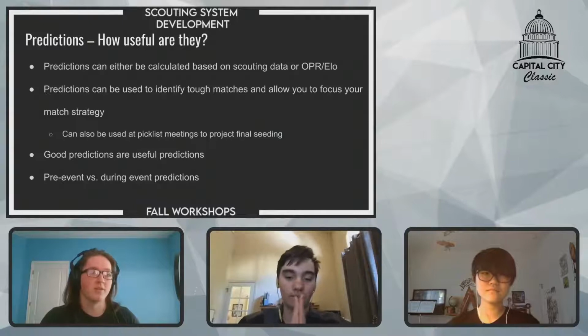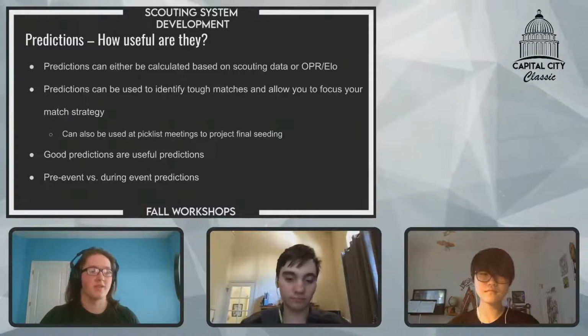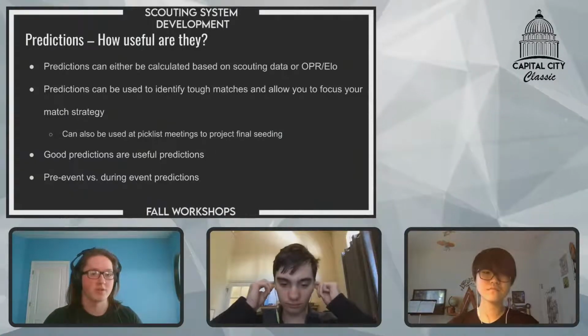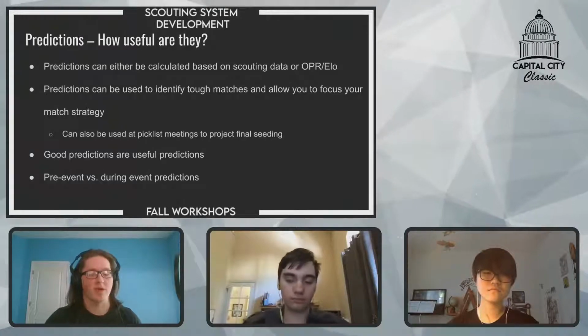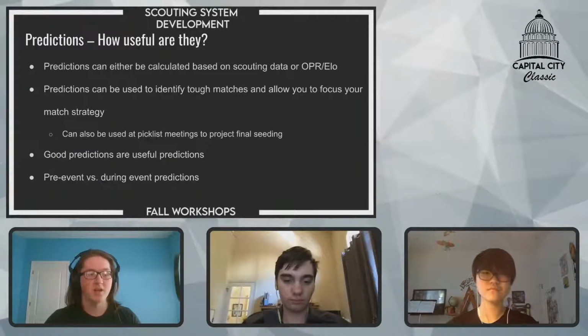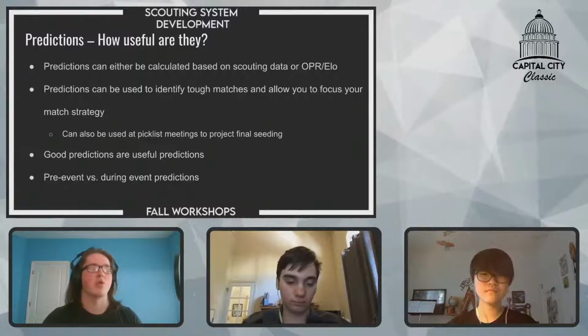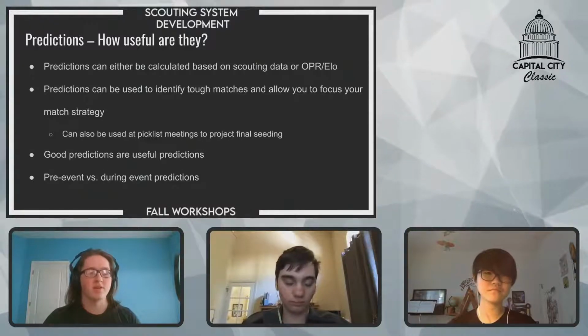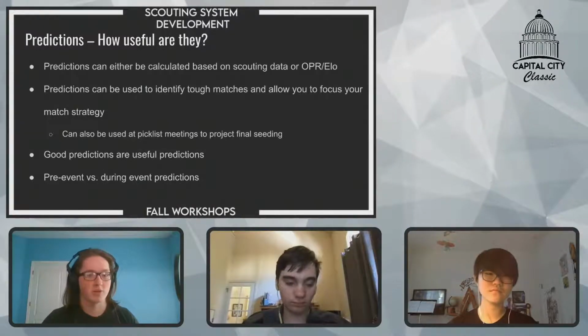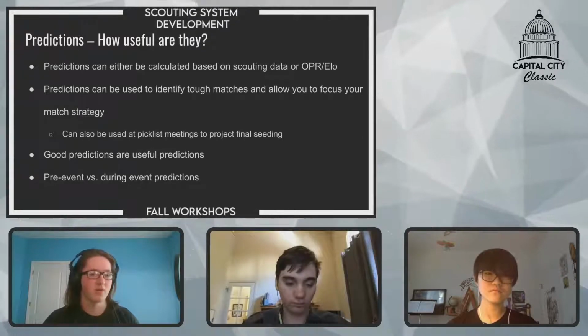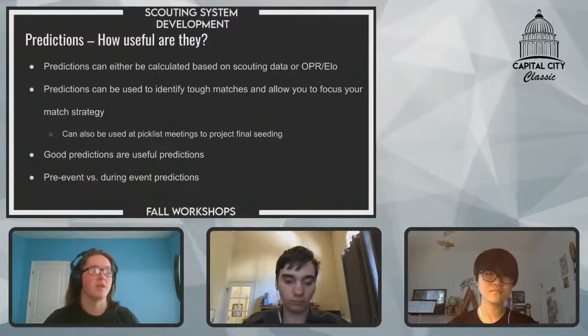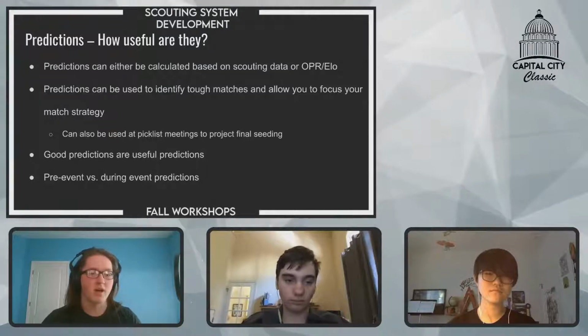Yeah. Something else that we do on our scouting system specifically is predictions. We predict outcomes of matches based off our own scouting data. Predictions as a whole don't need to be based off your own scouting data. They could be based off of a reported metric like OPR or ELO, before the entire competition even.